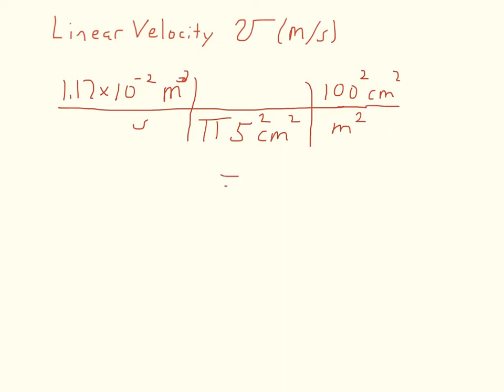And let's see, the centimeters squared cancel, and 2 of the meters squared cancels with the meters cubed up here, leaving just meters per second. And so the answer then is about 1.49 meters per second.